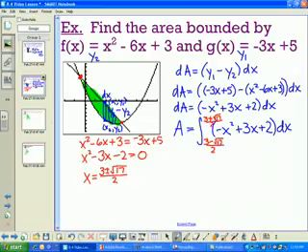And again, we can work this out. You could do it by hand because it is just a polynomial, so it's not very challenging. But we're going to save time, do this on our calculator, so take a minute.